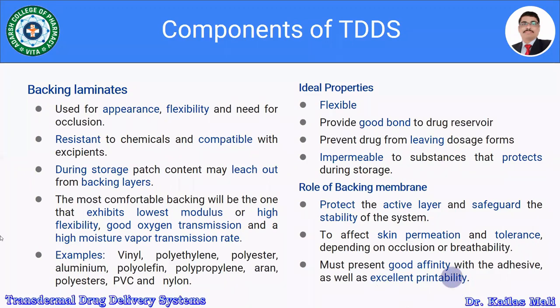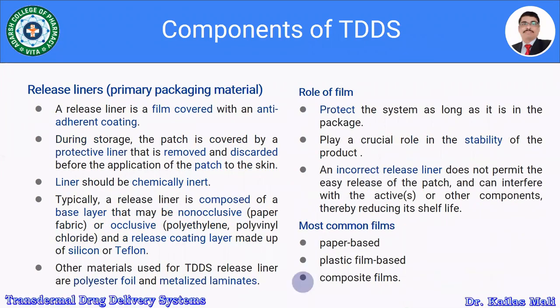Let us move further and we will see the remaining components of the transdermal drug delivery system. Release liners. Release liners are also known as the primary packaging material. It is just below the rate controlling membrane.